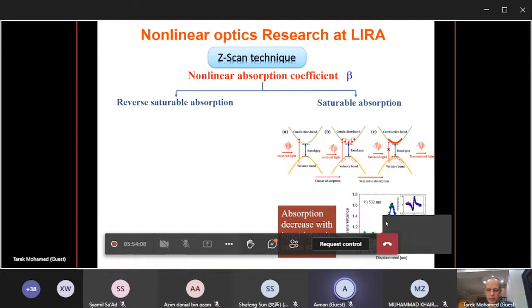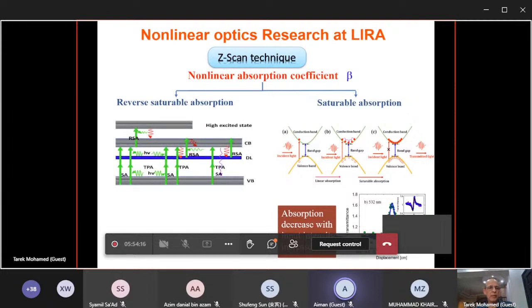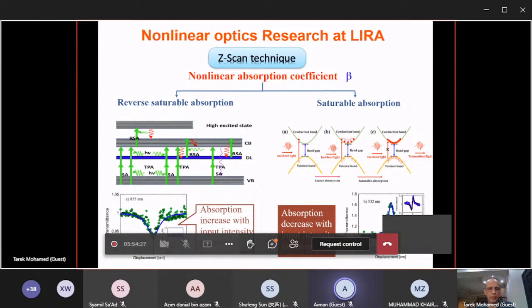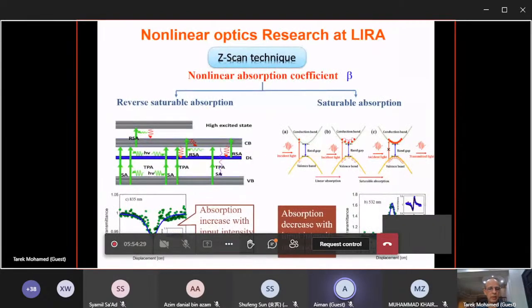This means absorption decreases with increasing intensity as we move the sample along the z direction. And we have reverse saturable absorption if we have a transmission curve like this one. Here we can see the absorption increases with input intensity.